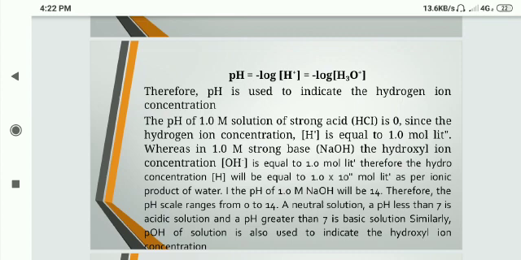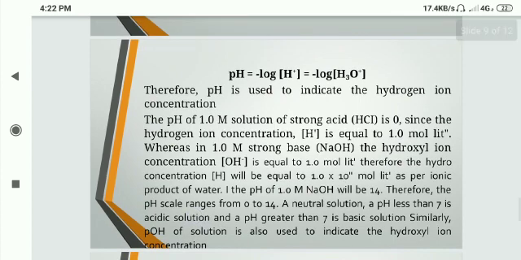Therefore, the hydrogen ion concentration will be equal to 1 into 10 raised to minus 14 mole per liter as per ionic product of water. The pH of 1 molar NaOH will be 14.